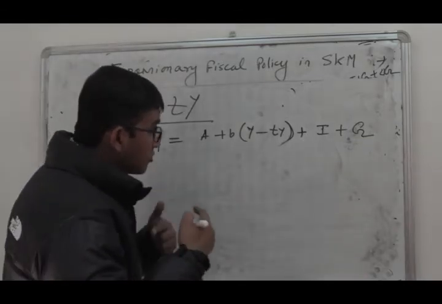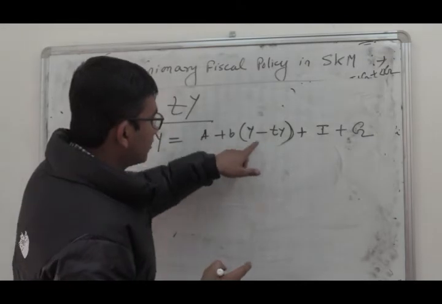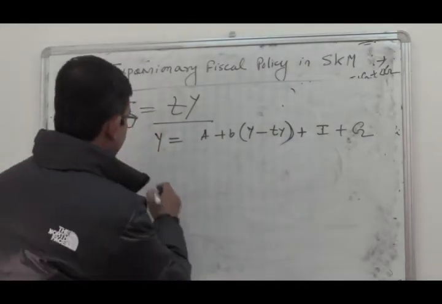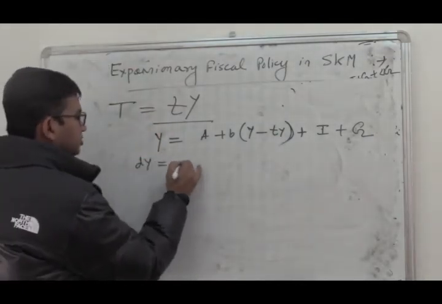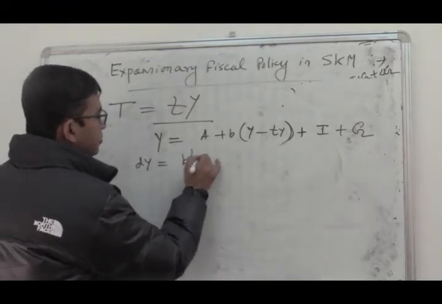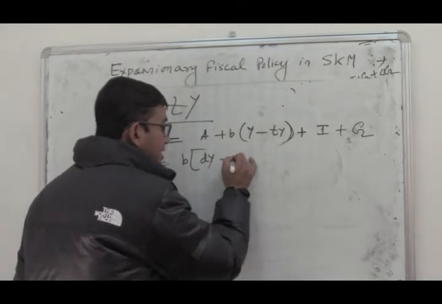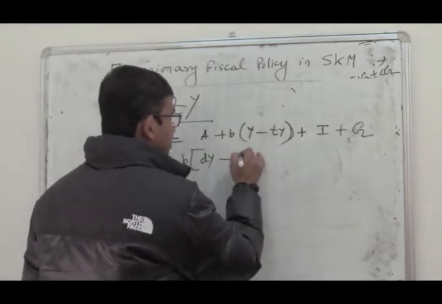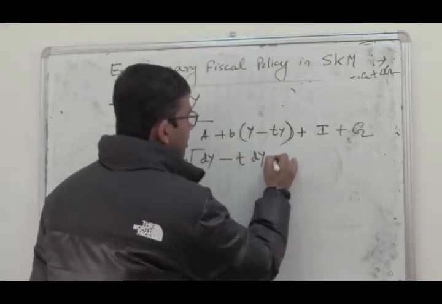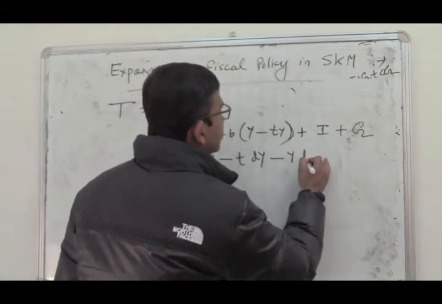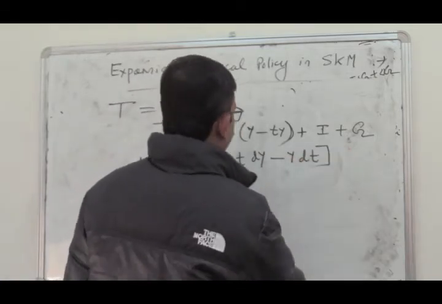Now if we differentiate, there will be two variables, Y and t. So dY equals B dY minus B t dY minus B Y dt.